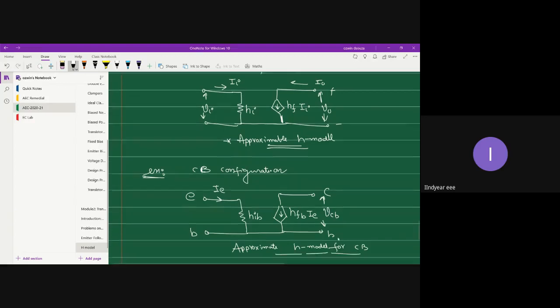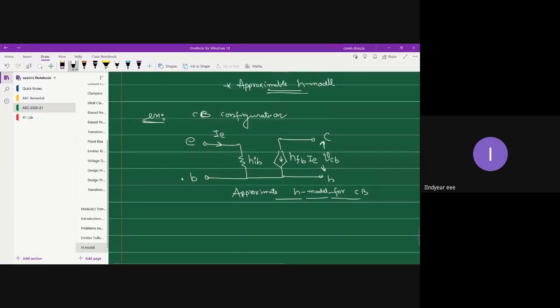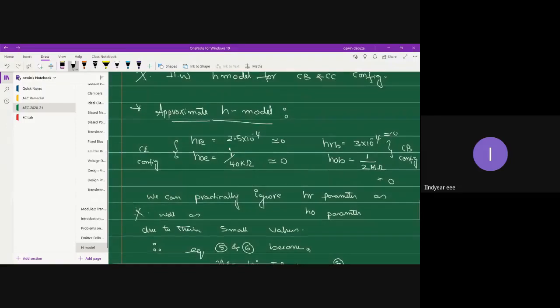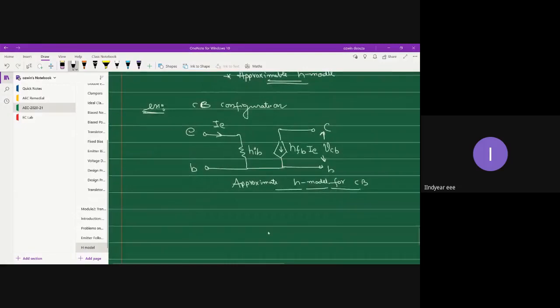So if you have been asked to derive an approximate hybrid model, this is how you are going to derive it, on the basis of very low values of HRE, HRB, HOE, and HOB. Basically reverse voltage gain is very low and output admittance is very small. On that basis you can derive the approximate hybrid model.